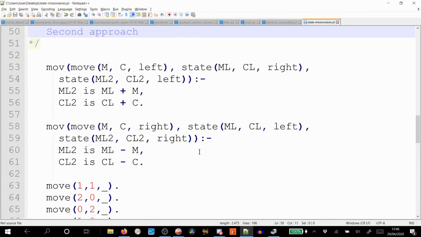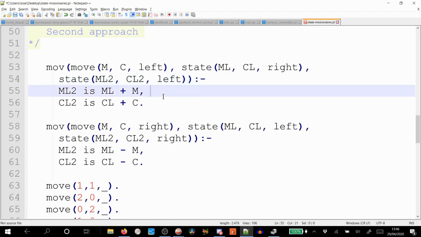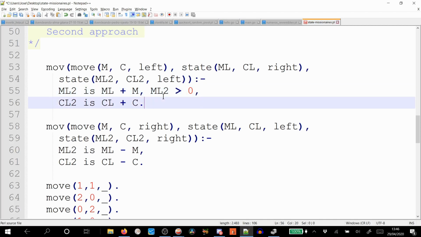So we can try to cut the options, saying, okay, if you want to move missionaries to the left, the new missionaries have to be checked. ML2 has to be greater than 0, and cannibals left 2 has to be greater than 0.